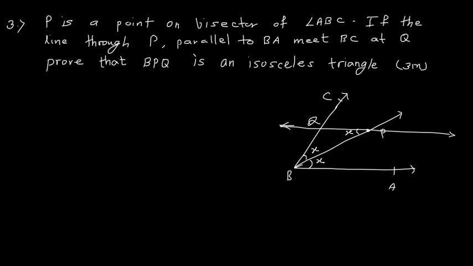So again in the solution, what we say is that BP is the angle bisector of angle ABC.